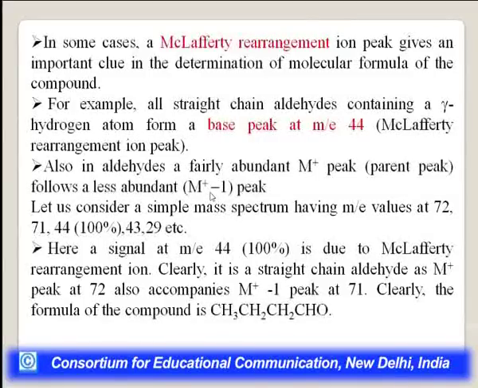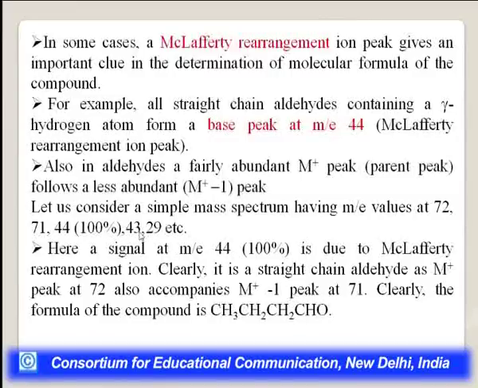Let us consider a mass spectrum having mass by electron values at 72, 71, 44, which is 100%. So you can immediately have an idea it has a McLafferty rearrangement, because this 44 value is at 100% abundance. And you can see the M plus and M minus 1 peaks also there.